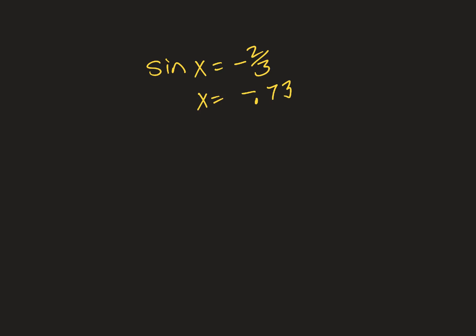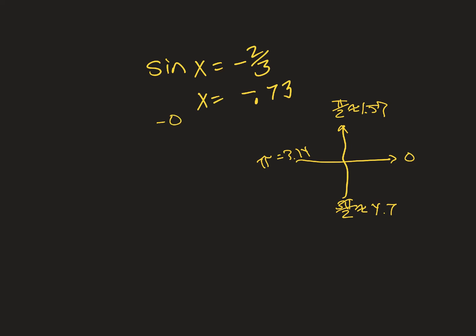Okay, well, it's helpful to know, putting my axes here, that pi over 2 is about 1.57. Pi, we know, is 3.14. 3 pi over 2 is about 4.7. So negative 0.73 is going to be a negative quadrant 4 angle.